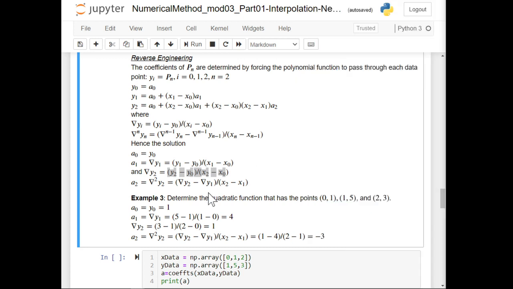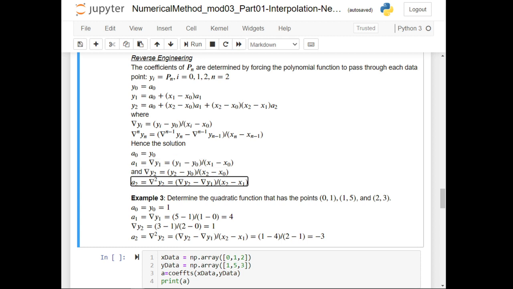Going back, we can determine a0, a1, and a2. Recall a2 can be solved using the difference of the slopes of y1 and y2. Delta y2 is the slope between the first and the third point, and delta y1 is the slope between the first and the second points.